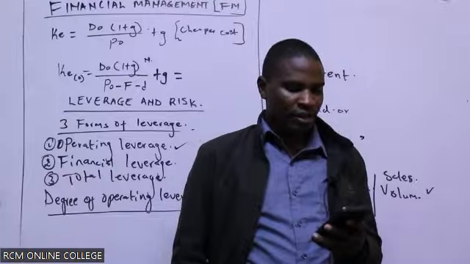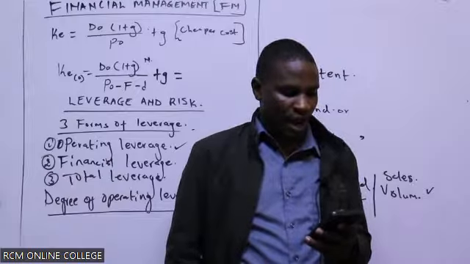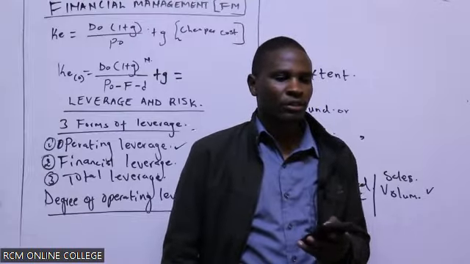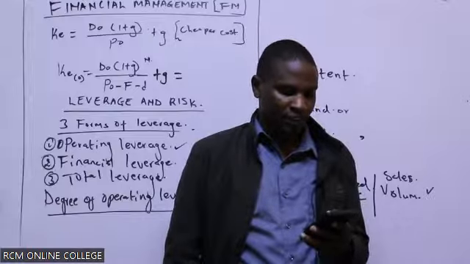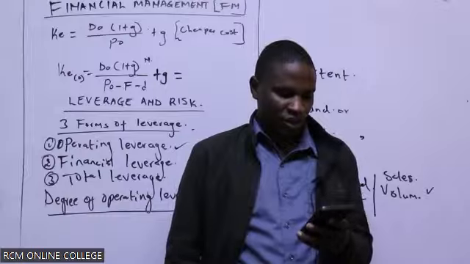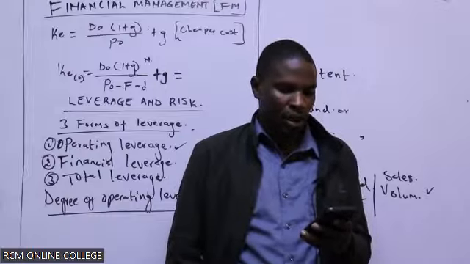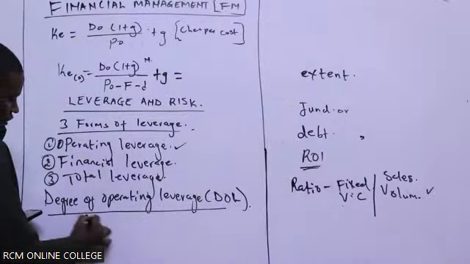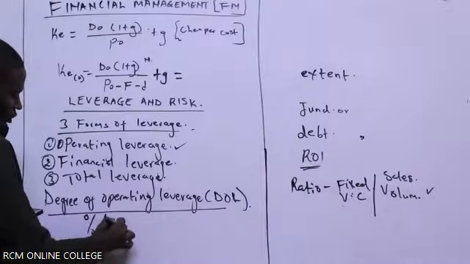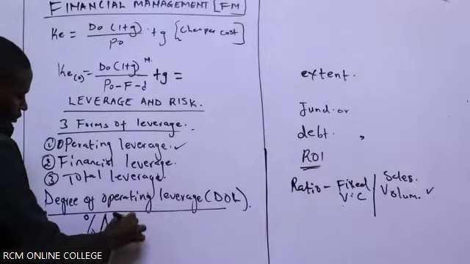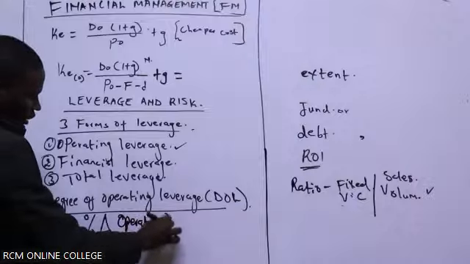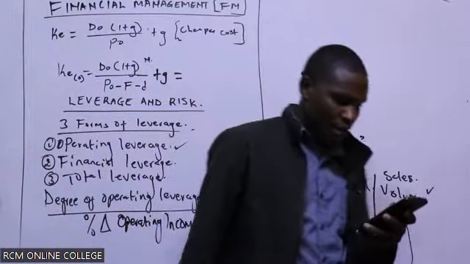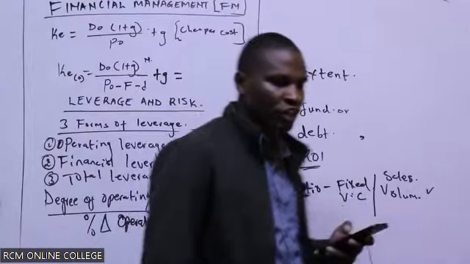So you say that the degree of operating leverage, DOL, is calculated as the percentage change in operating income, divided by the percentage change in sales.